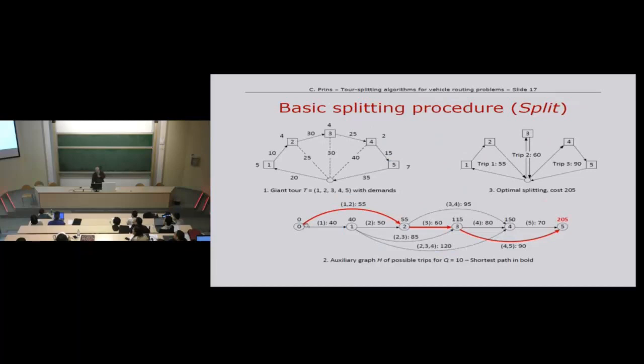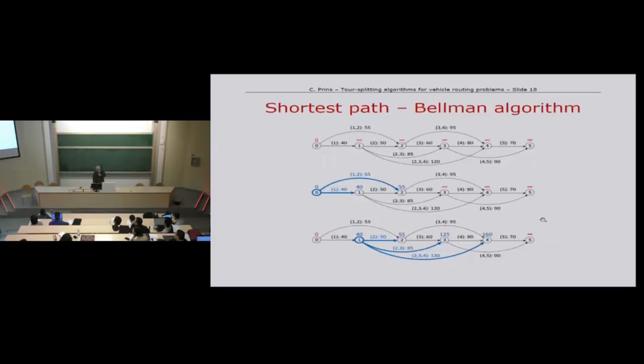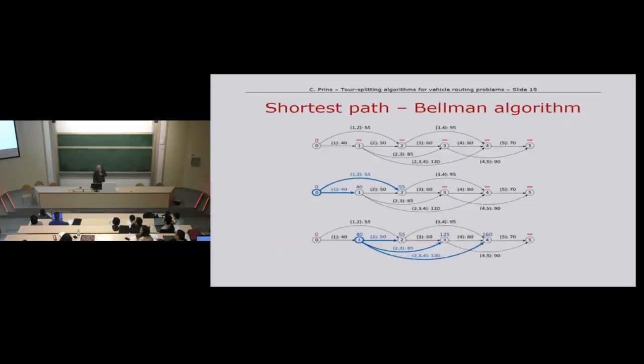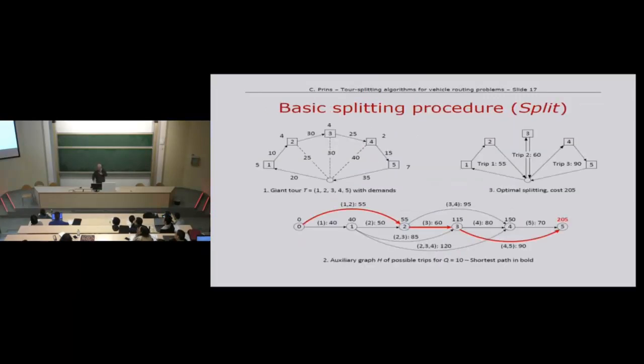For instance, you see the subsequence T1, T2 corresponds to the arc 0, 2. Here it is a subsequence 2, 3, 4. It corresponds to the arc 1, 4.